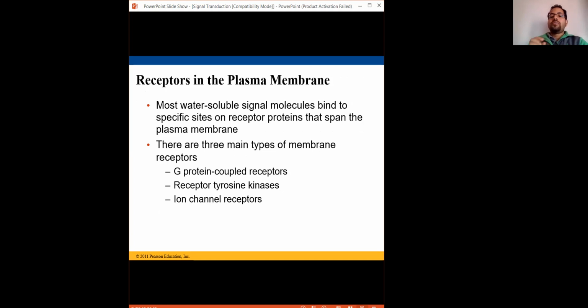Most water soluble signal molecules bind to specific sites on the receptor protein that spans the plasma membrane.